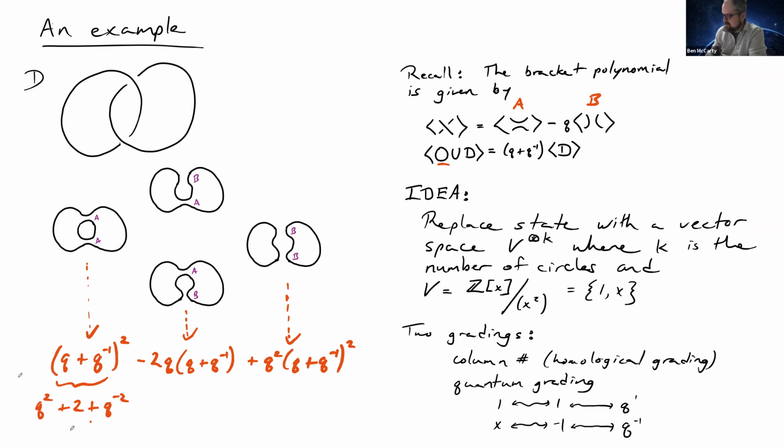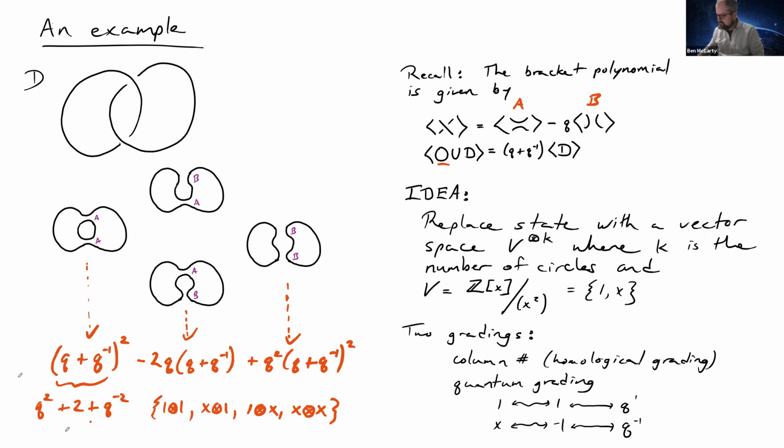And that corresponds to, in V tensor V, 1 tensor 1, X tensor 1, 1 tensor X, and X tensor X. This one has grading -2. Each of these has grading 0, Q to the 0 power. And this one has grading 2.